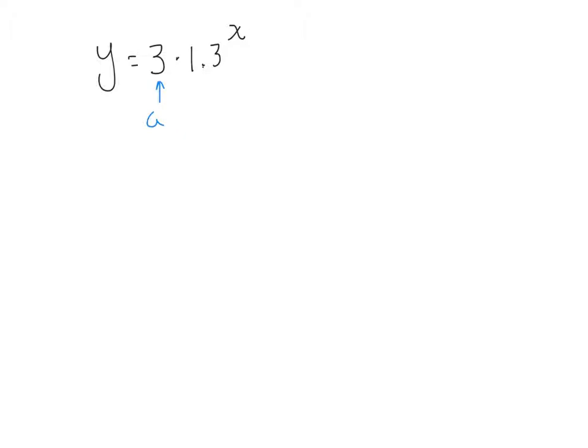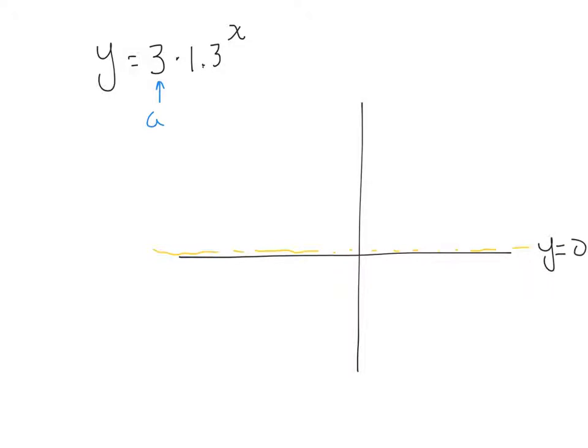But what you get is a graph that has the same horizontal asymptote. In other words, we still have an asymptote right here, okay, at y equals 0, because as x gets very, very small, very, very large negative, or very far left on the number line, then you're dividing by 1.3 to the millionth power, for example, and it's a very, very small fraction.